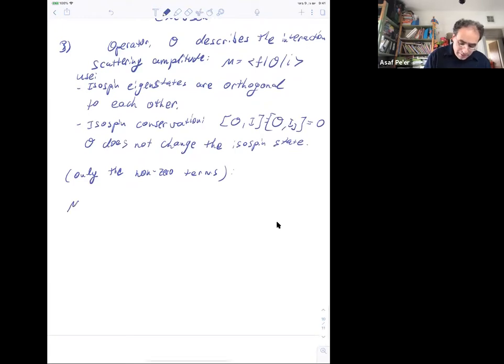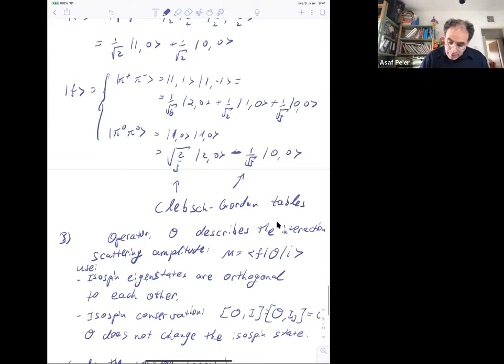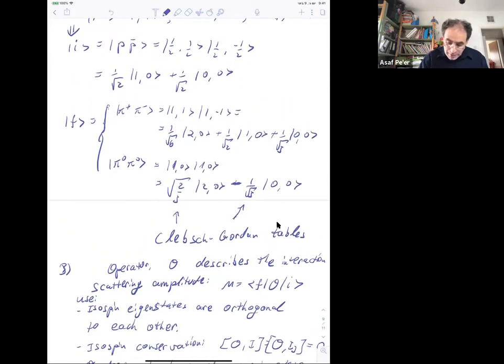We have that M plus-minus is the pi plus pi minus, O, P bar. For P bar, I have a 1,0 and a 0,0. The 2,0 would give me a 0, so I just have the 1,0 and the 0,0. Here I have 1 over square root of 2 times 1 over square root of 2, that's 1/2. And here I have 1 over square root of 3 times 1 over square root of 2, that's 1 over square root of 6.